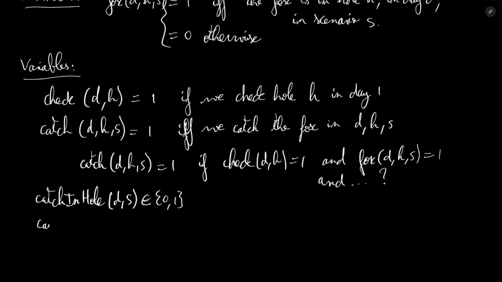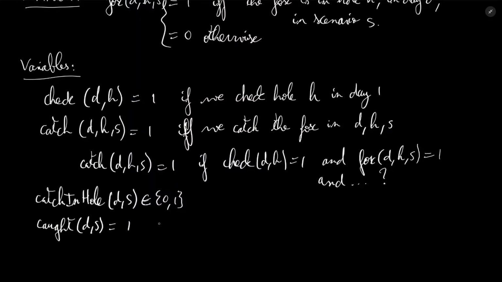Let's define another variable that will be called caught. What this variable is going to do is basically tell us if we have previously caught the fox in the previous days.